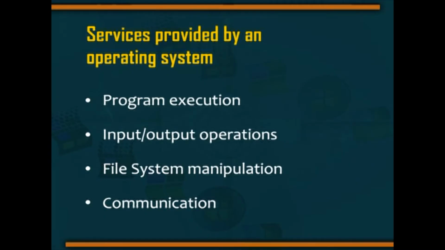Next one, communication. One of the tasks of an operating system with respect to communication is to transfer data between two processes. Both the processes can be on one computer or on different computers, but are connected through a computer network.